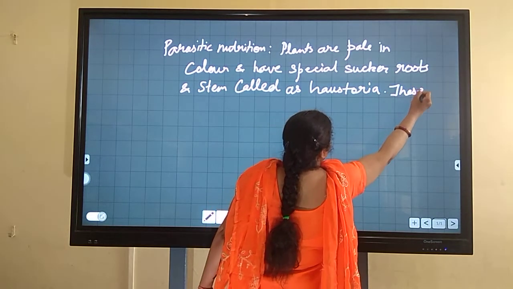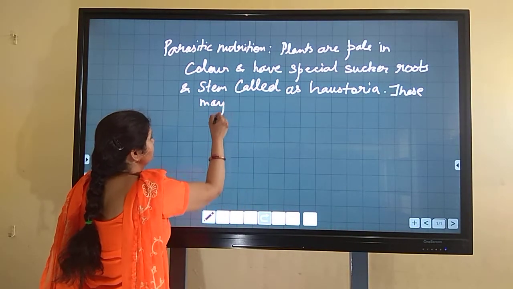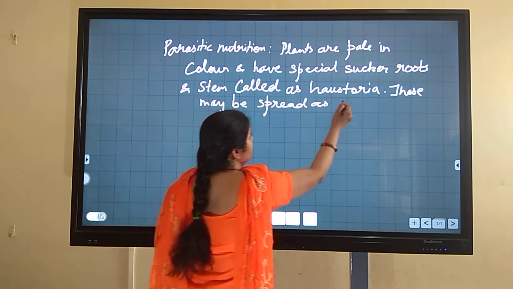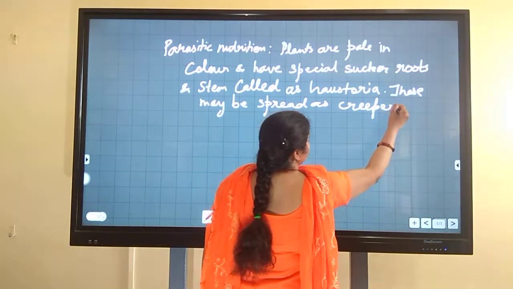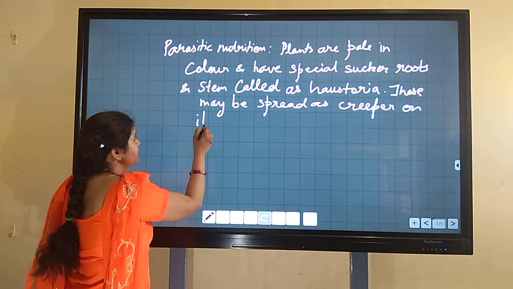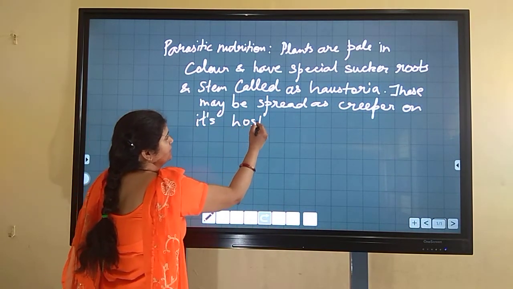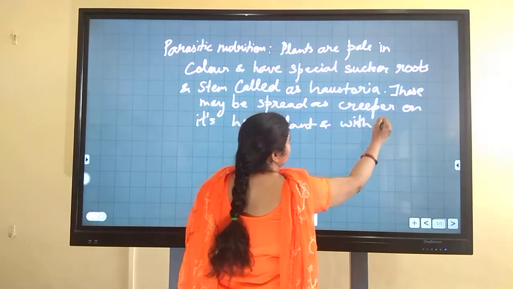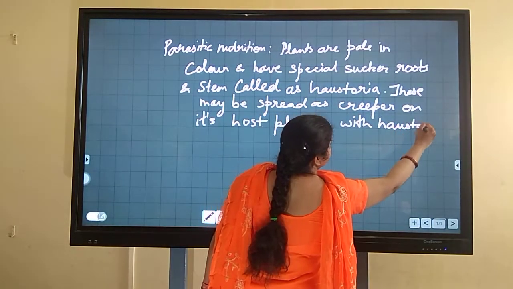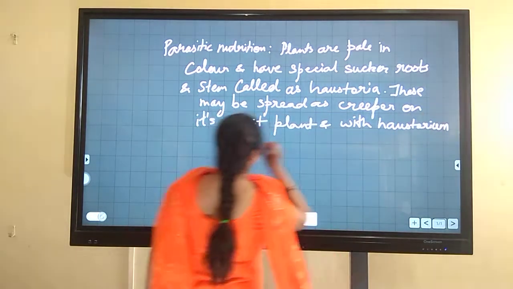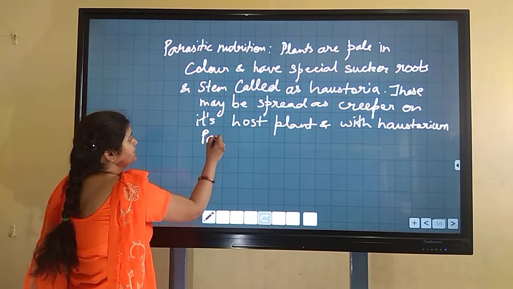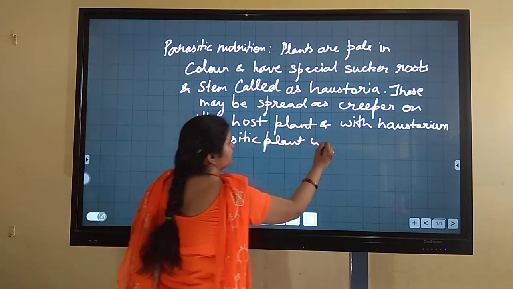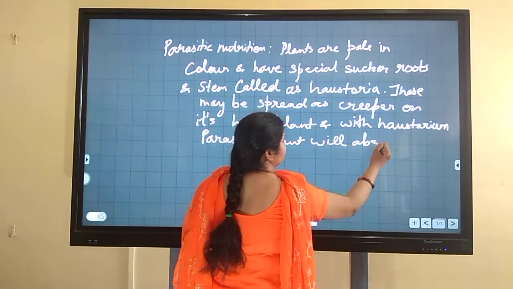These may be spread as a creeper on the host plant, and with haustoria the parasitic plant will absorb nutrition.